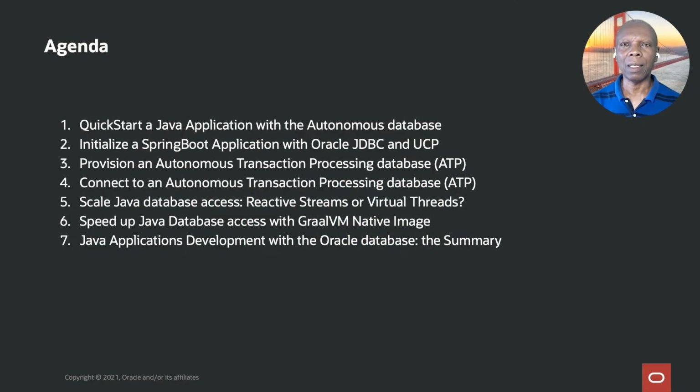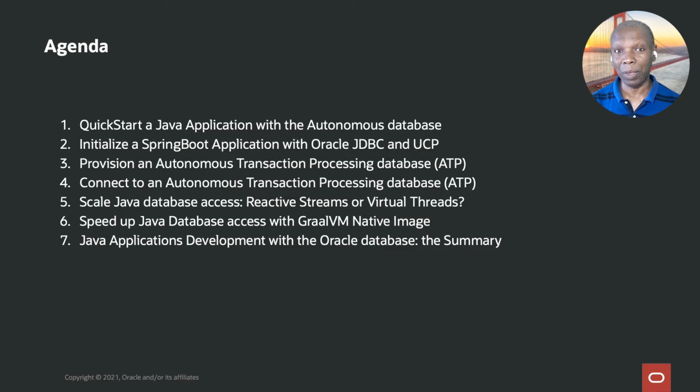So that's a typical cloud native application using components from the Cloud Native Computing Foundation landscape. Here is the agenda. We'll talk about how to quick start a Java application with the Autonomous Database, how to initialize a Spring Boot application with Oracle JDBC and UCP, which are the frameworks you need to access the Oracle database from Java, how to provision an autonomous transaction processing database, how to connect to it, and then how to scale Java database access.